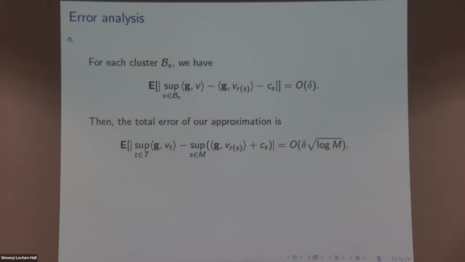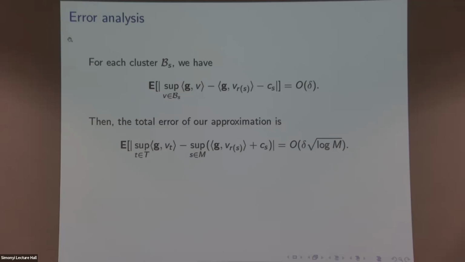Now we're going to say, okay, the total error of our approximation, if I have m clusters, and within each cluster the error is delta, would be delta times square root log m. It's not delta times m, it's delta times square root log m. The reason being that intuitively, within each cluster the error is delta, and the worst way for the error to grow is to have all these errors in independent directions.